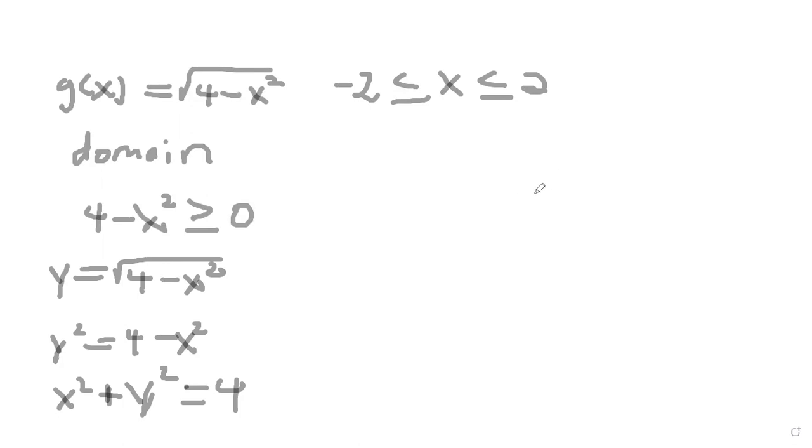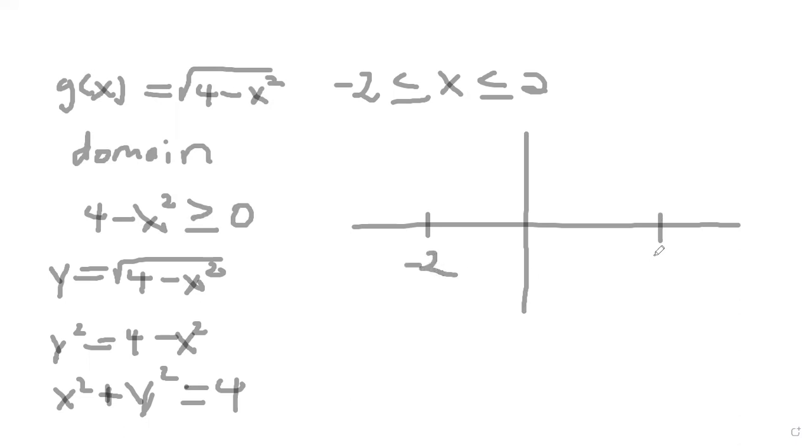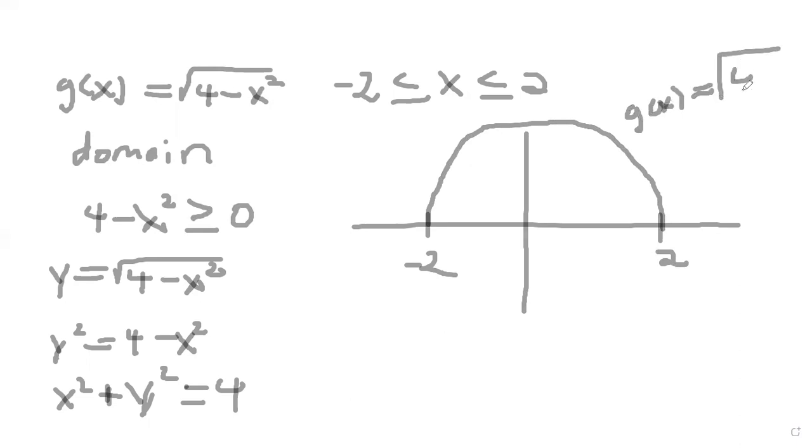So this is one where you would almost do better, even with the domain, to actually draw the solution and try to find it this way. I already know the graph here. This is a rough sketch of g of x equal to 4 minus x squared.